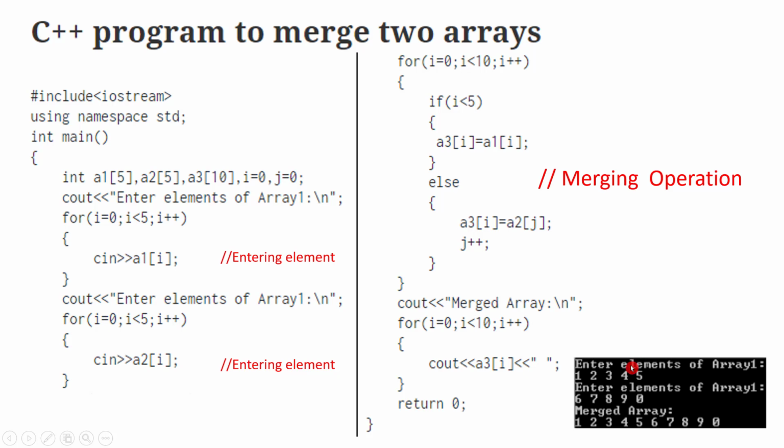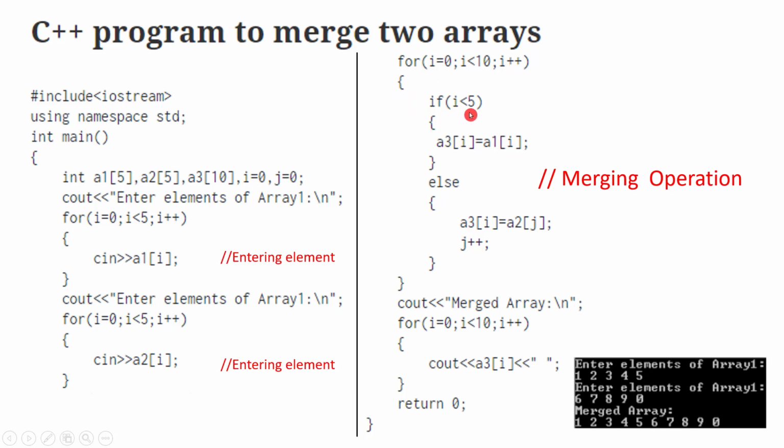So we know clearly that you have I equal to 0, j equal to 0 initialized. For I equal to 0, I less than 10, I plus plus, in curly bracket.